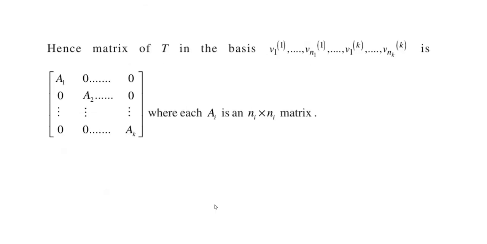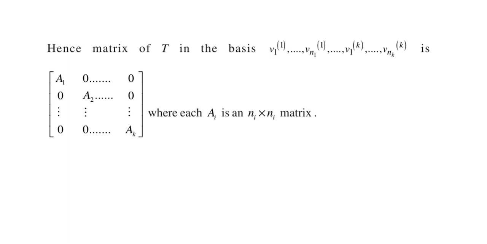So when you write this in the matrix form, this is what you get. The matrix of T in the entire basis should be of this form: A1, A2, etc., Ak, where each Ai is an Ni cross Ni matrix. The rest, 0, stands for null matrices. They need not be of the same order. A null matrix can be a rectangular matrix.